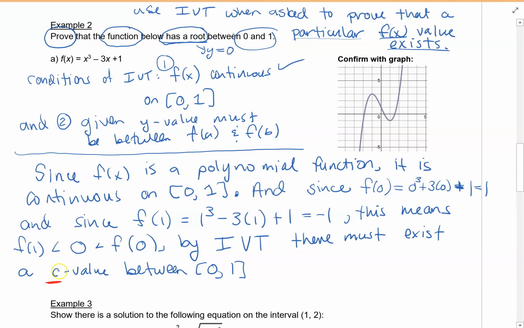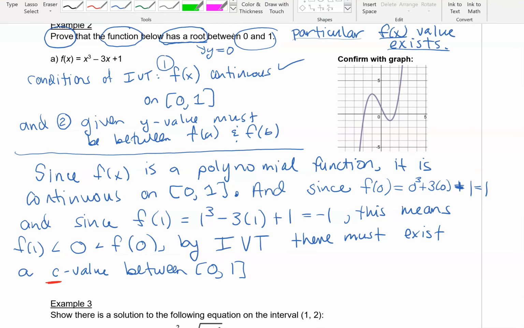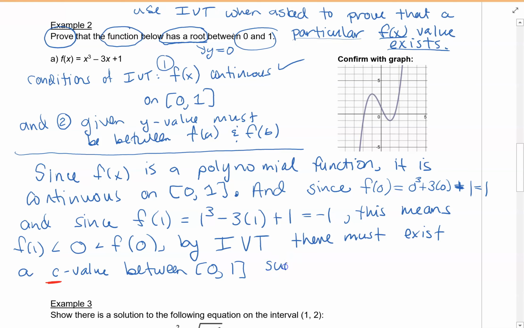So there's an x value between 0 and 1 such that f evaluated for that particular number, which we never did find, we just know that it's somewhere between 0 and 1, somewhere between that x interval, the y evaluated at that point has to equal 0.